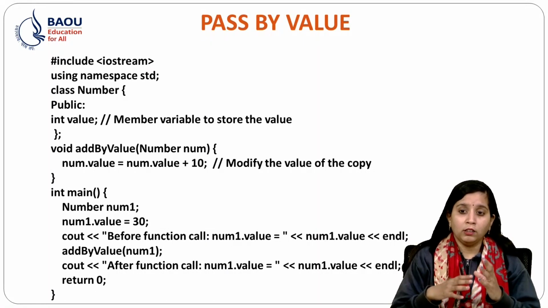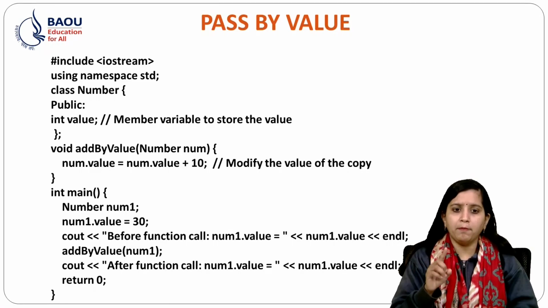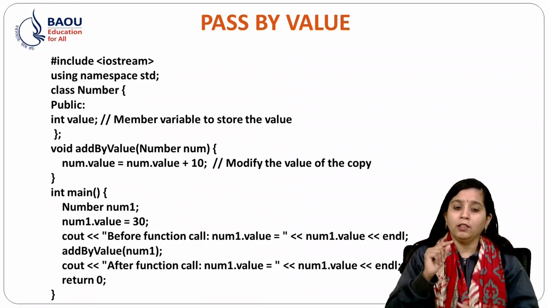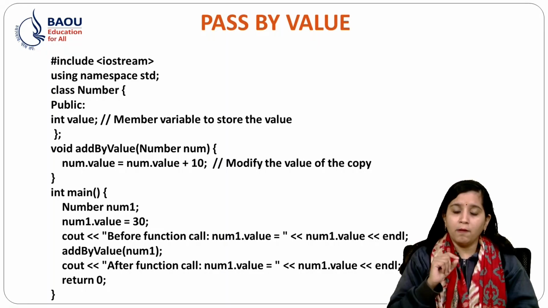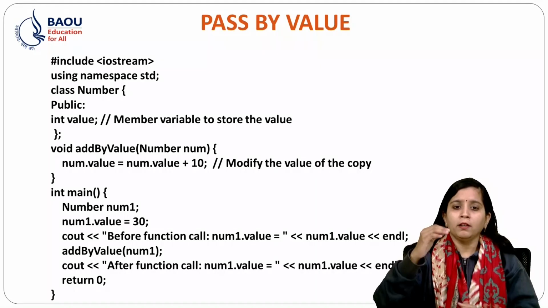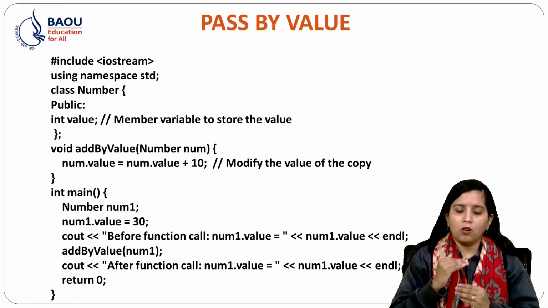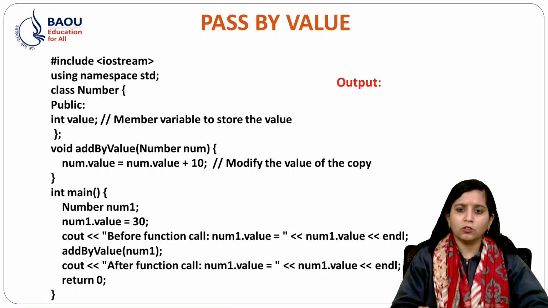Now the magic over here is, when I call add by value with num1, the num1.value will not change. Why? Because a copy of the object is passed, not the whole object. So let's see the output of it.